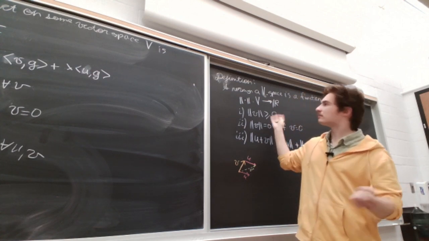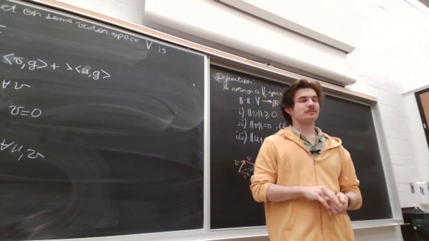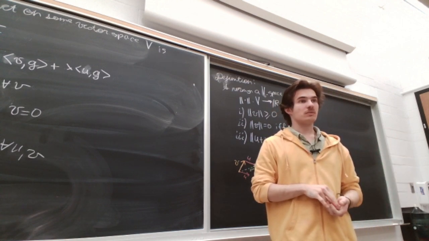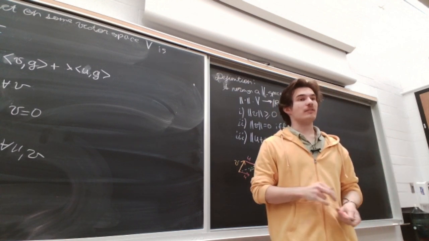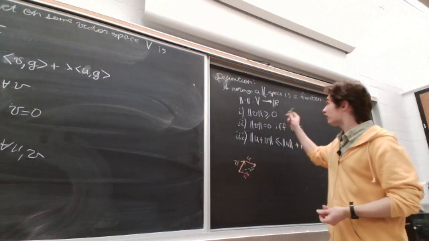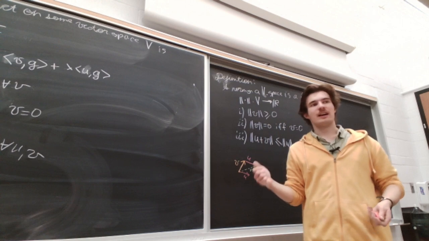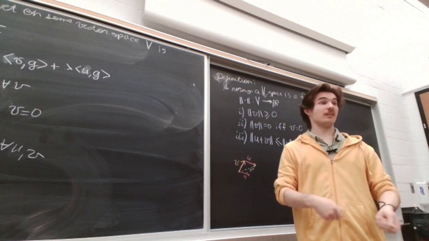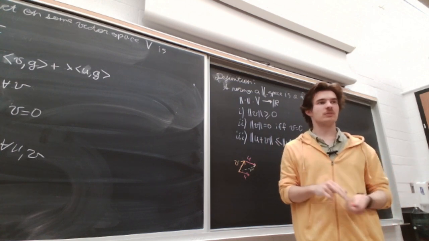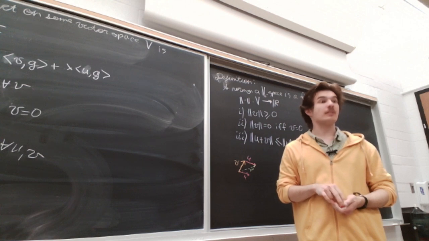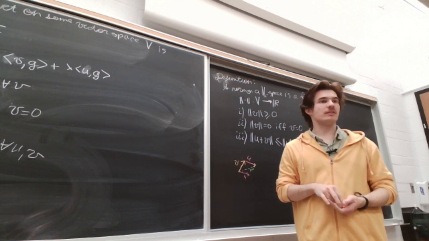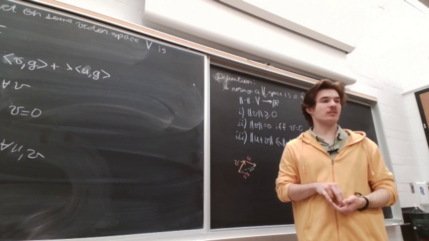Well, in principle. Over R though, right? Can you do length over C? Yeah, why not? This is just some function that takes in a vector and outputs a real number. Right? The norm itself has to be real, but you can define a norm on vector spaces not necessarily over R.